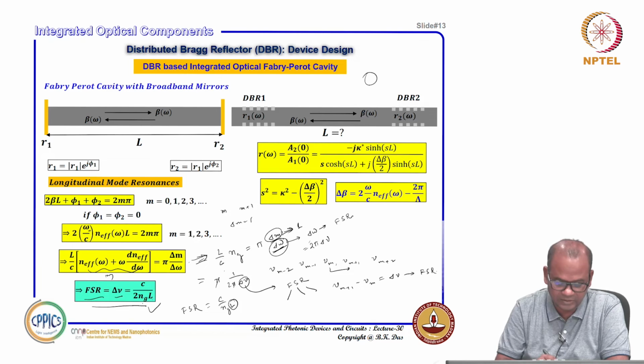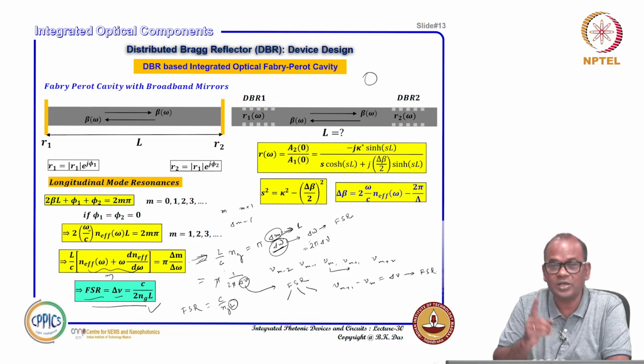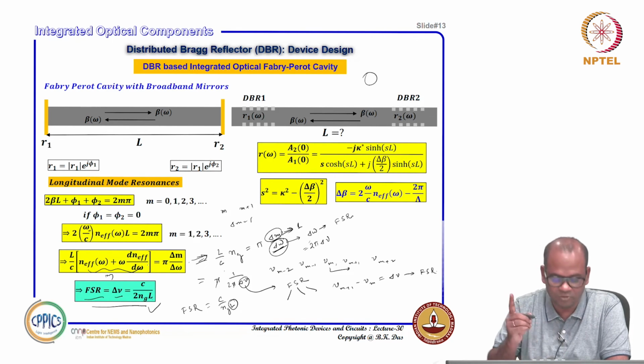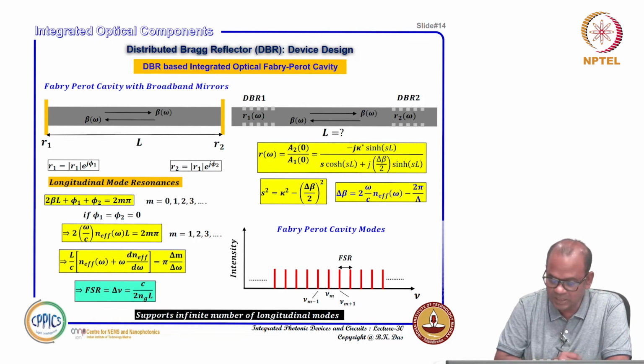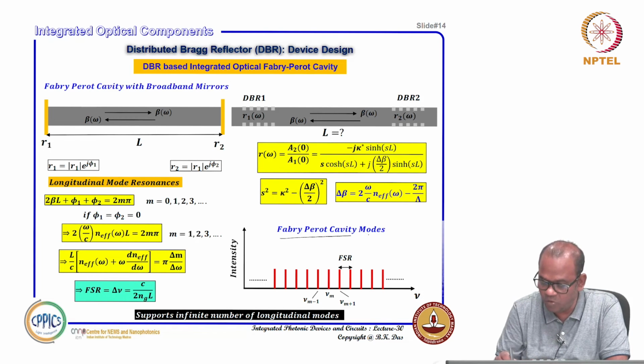If Ng is frequency independent, then the separation between resonance frequencies will be constant, as long as Ng, L and C are constant. So the FSR will depend only on L or Ng, but it must be constant. We can see this in the Fabry-Perot cavity modes.